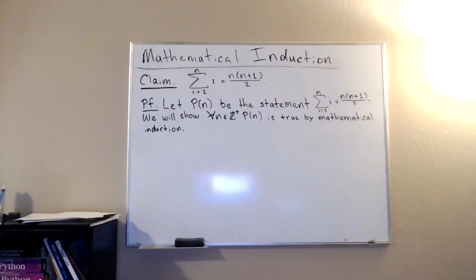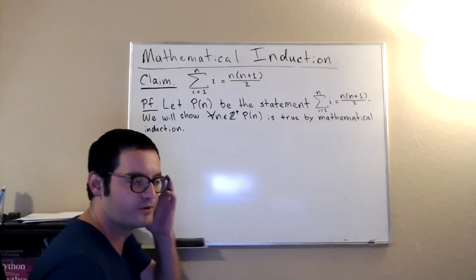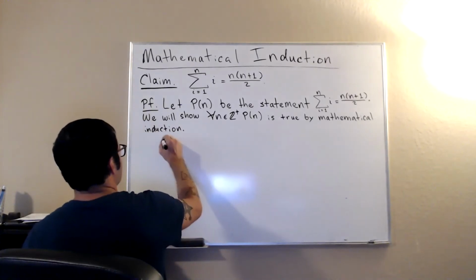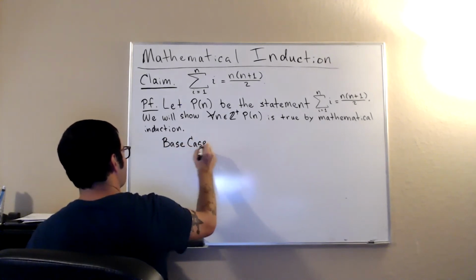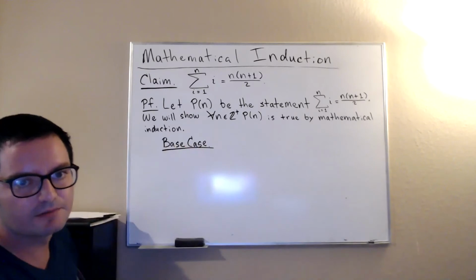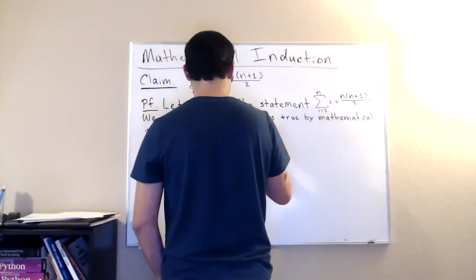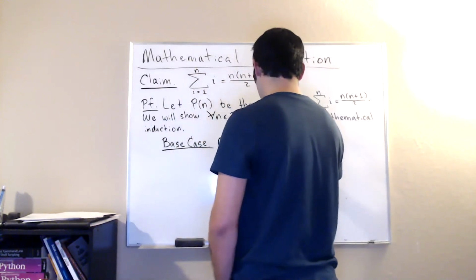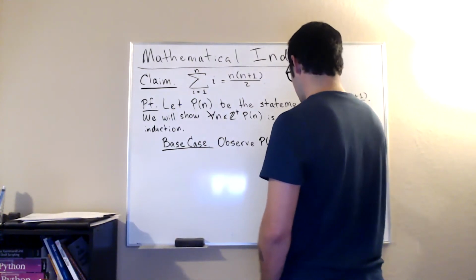Okay. So now there's a different style of doing proofs by induction that I'm going to switch to from the last style. Notice I indent a little bit, base case, underline. So observe p of 1 is a statement.